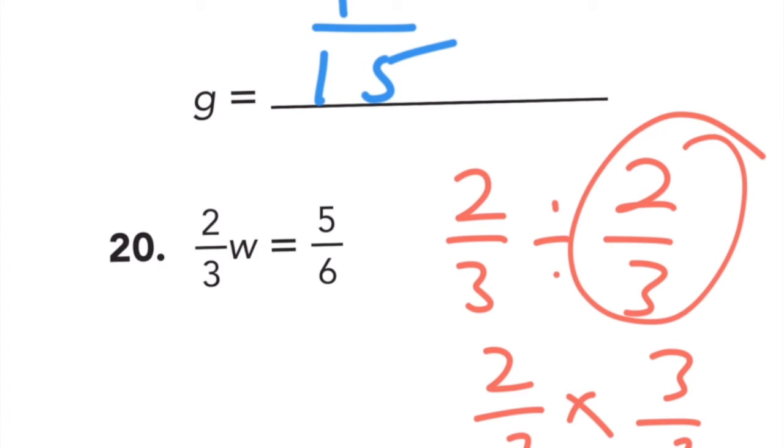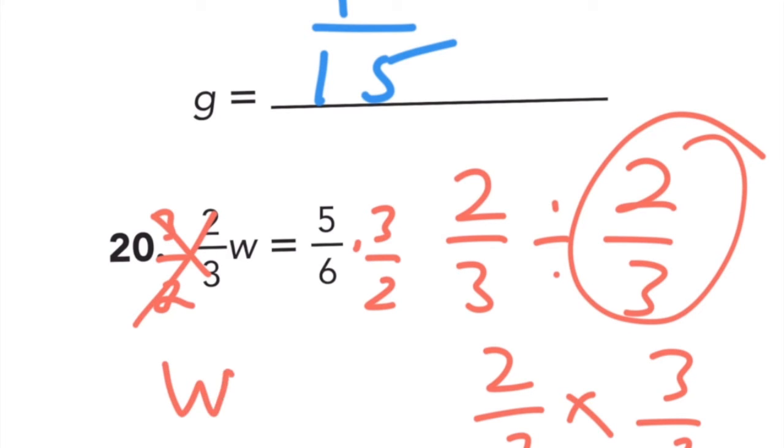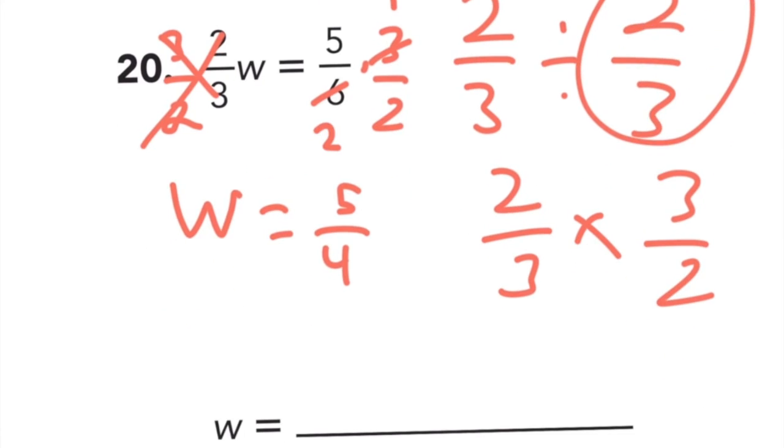We're going to multiply by 3 over 2. When you do that, they cancel out. You want that to be 1. So w equals, and then look to see if you can simplify, and I see that I can simplify here. So the answer is going to be 5 over 4, but you're not quite done yet because 5 over 4 is an improper fraction. So w will equal 4 into 5 goes 1 time, so it's 1 1/4 is your answer.